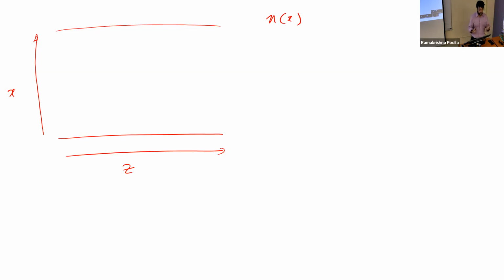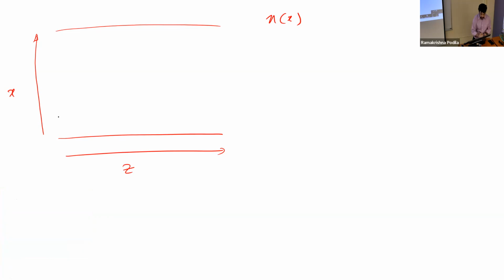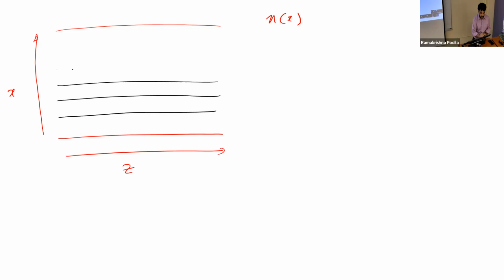In other words, we can think about dividing this region into subregions, right?